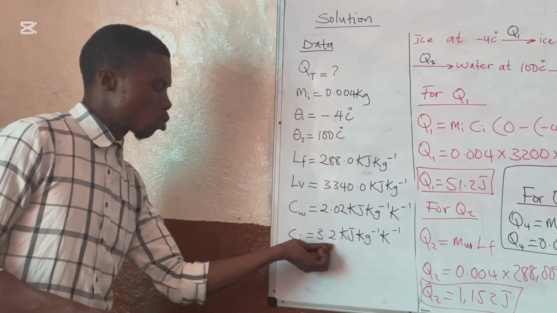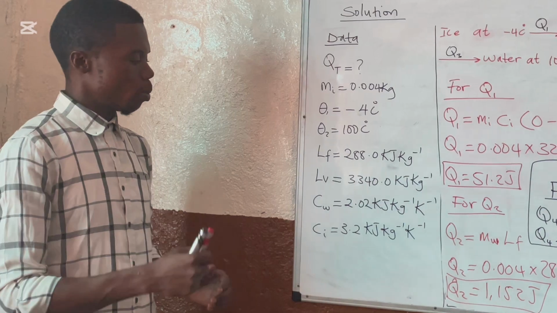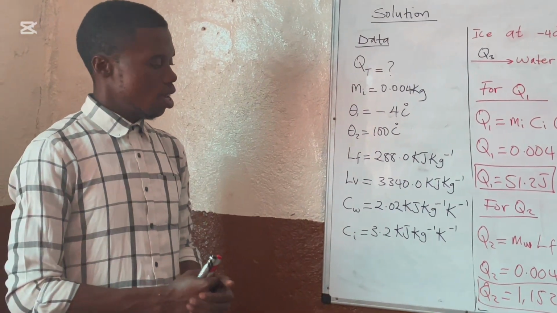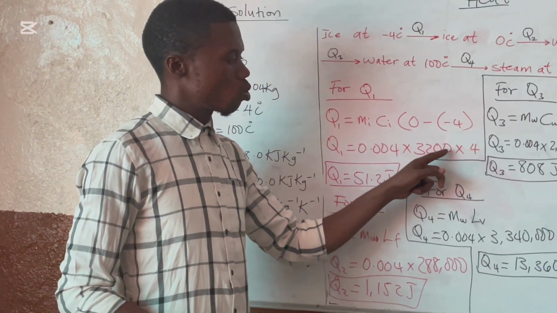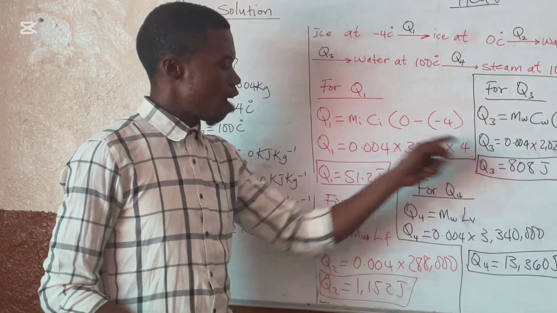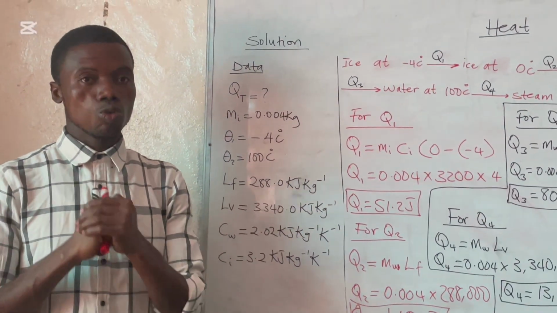We have to convert this to joules, right? So we multiply by 1,000. If we multiply 3.2 by 1,000, we get 3,200. Then we multiply everything here. Our answer for Q1 is 51.2 joules.